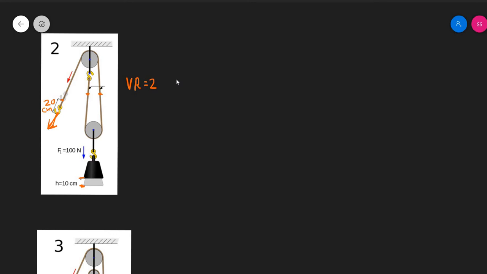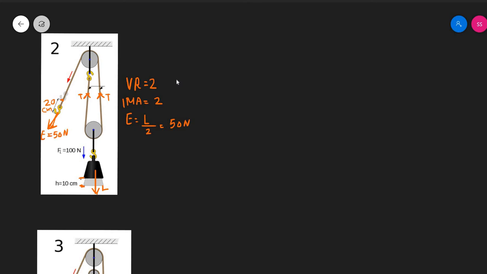In general, the number of ropes pulling up the load is equal to your velocity ratio, and your ideal mechanical advantage would be equal to 2, in which case your effort would be equal to your load divided by 2, that's 50 Newton.